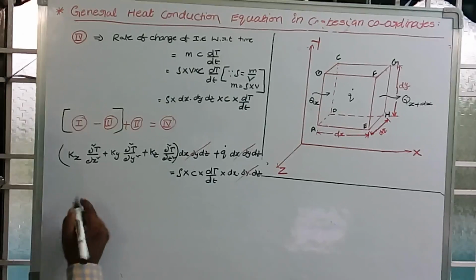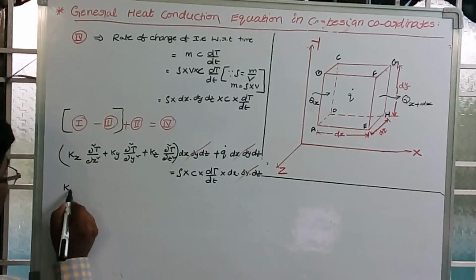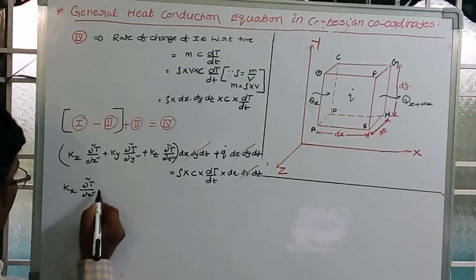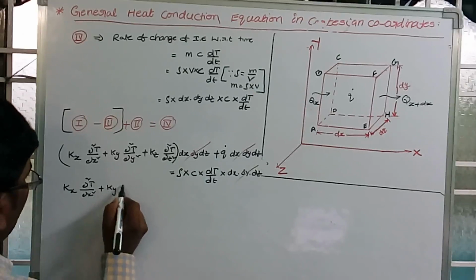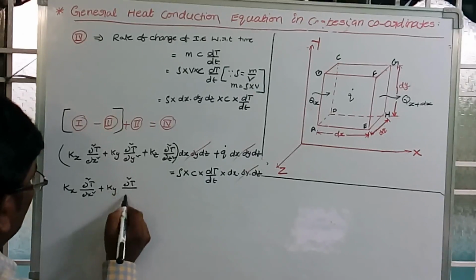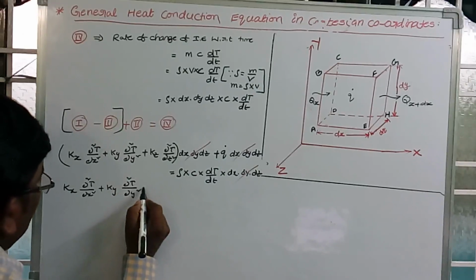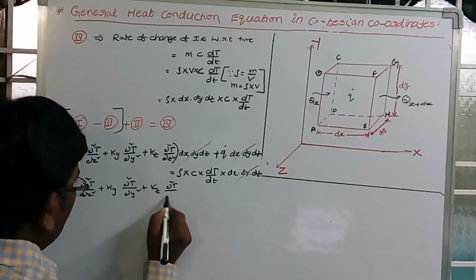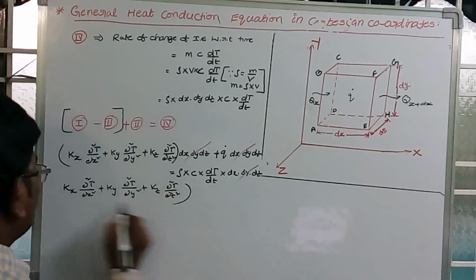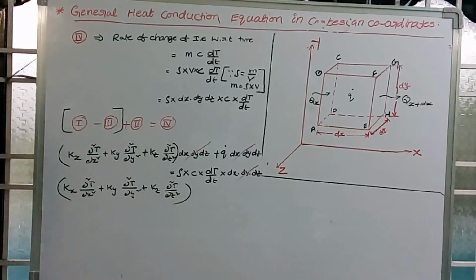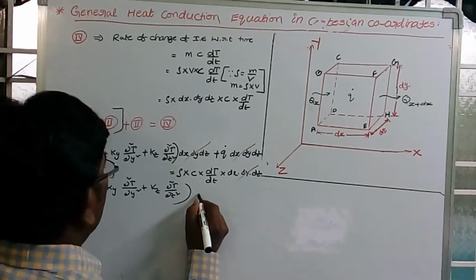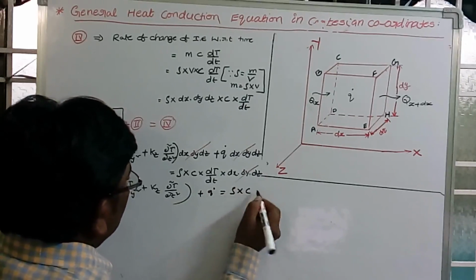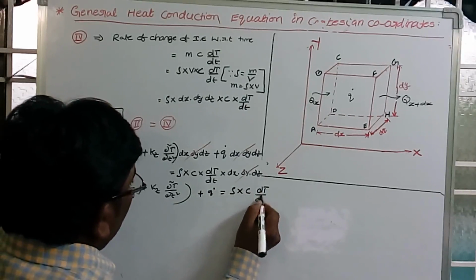Finally the equation is kx into dou square T by dou x square plus ky into dou square T by dou y square plus kz into dou square T by dou z square plus q star is equal to rho into c into dT by dt.